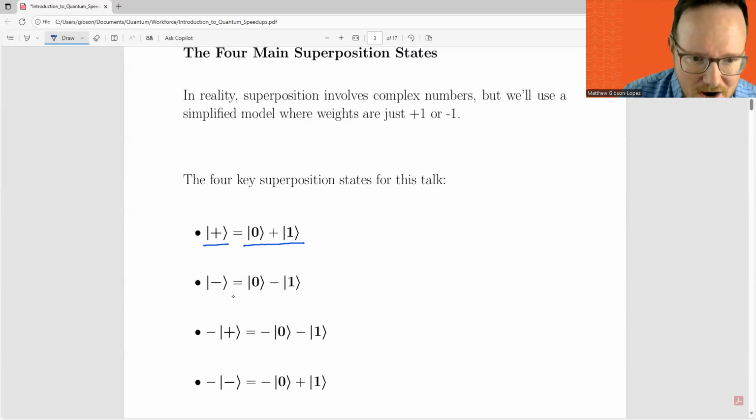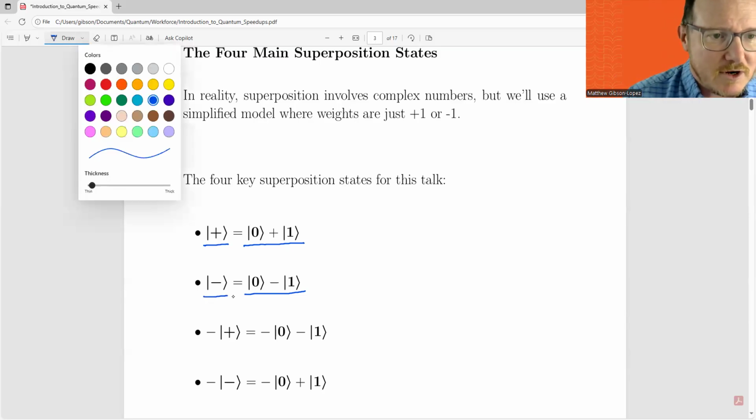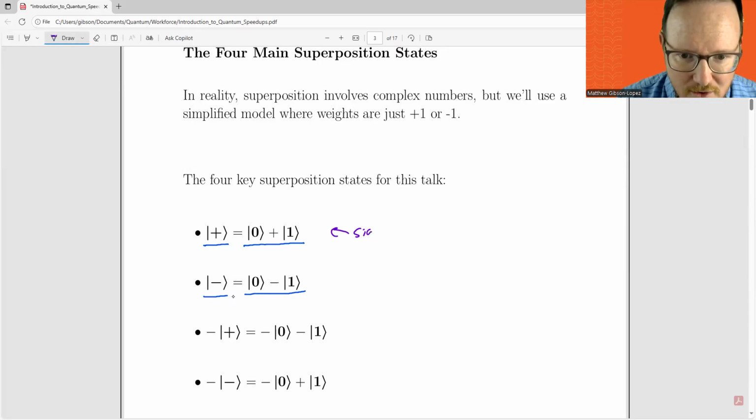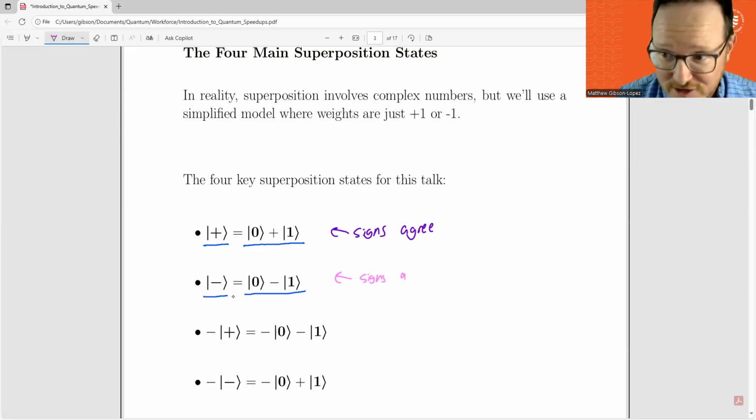And then we have the state minus, which is when the 0 sign is plus 1 and the 1 sign is negative 1. We denote this with the ket minus. So the way that I'm going to think of this is, here the signs agree, and here the signs disagree, in the sense that they either are the same value or they're different values.